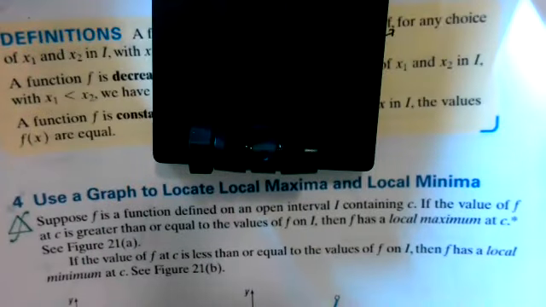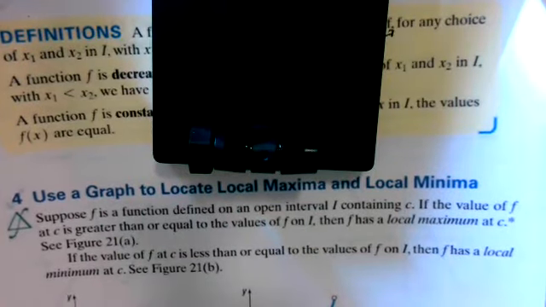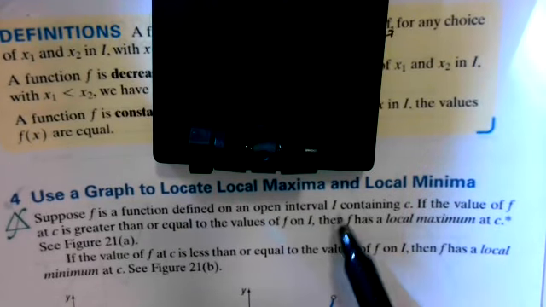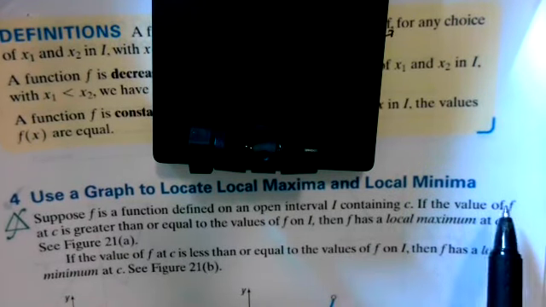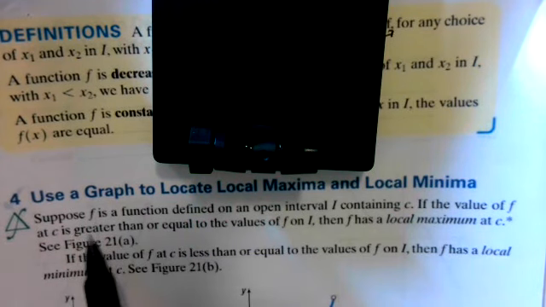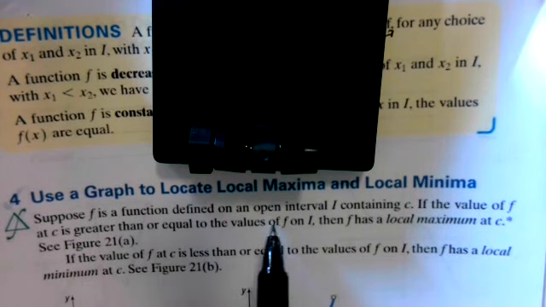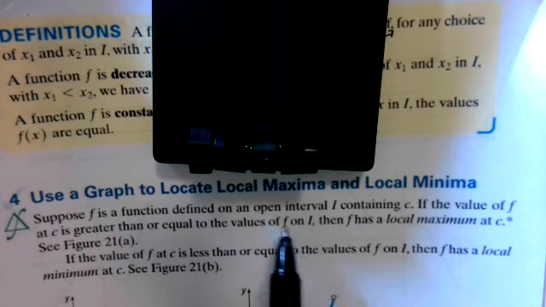Okay, so suppose f is a function defined on an open interval I containing c. If the value of f at c is greater than or equal to the values of f on I, then f has a local maximum at c.